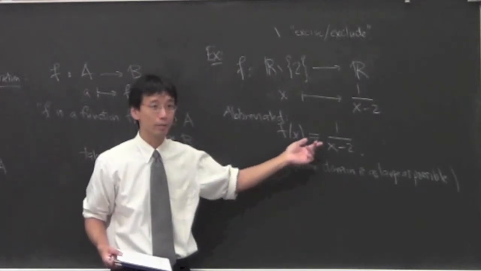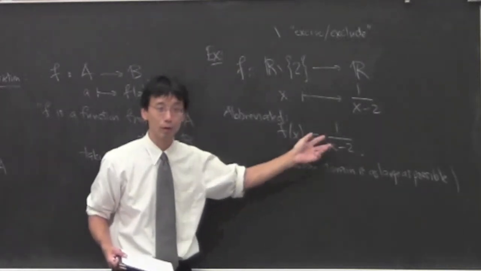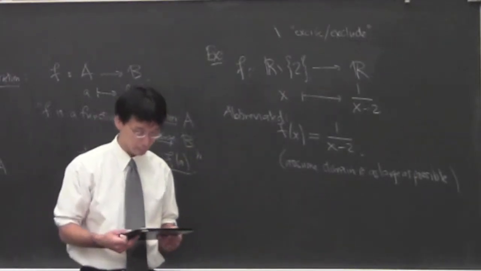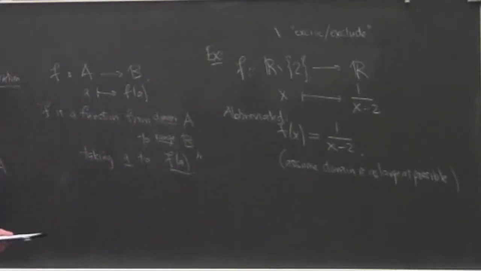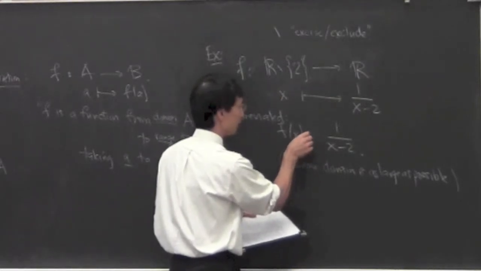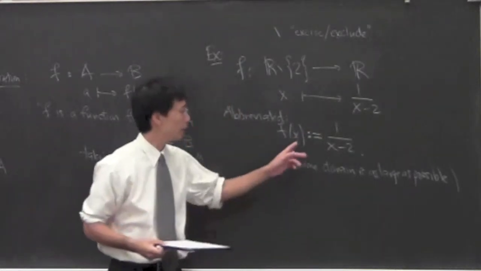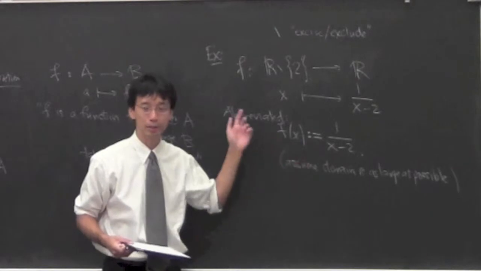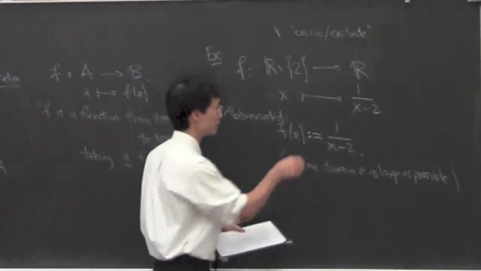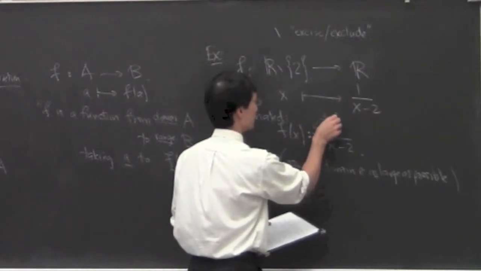Well, it makes sense for all x except for 2, so that will be our domain. Sometimes you may see a colon and then an equal sign, meaning f is defined to be.